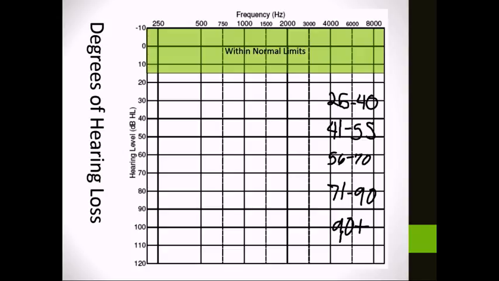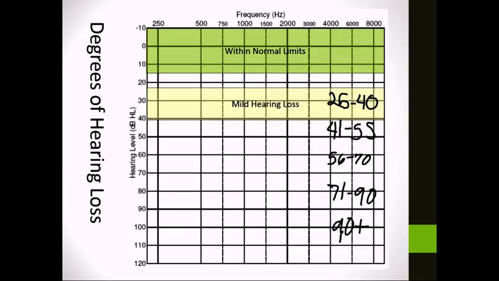So, degrees of hearing loss. And we're going to talk about this some more in just a minute. For my purposes, for this class, there are several different ways to classify degrees of hearing loss. This is what I have come across the most, but be aware that there are other versions of the scale as well.